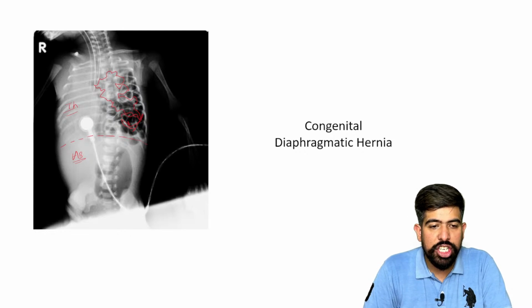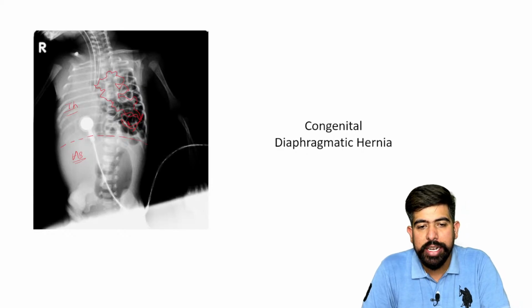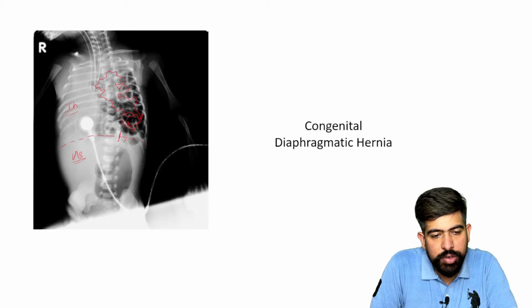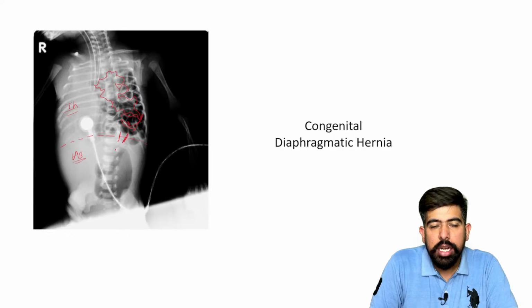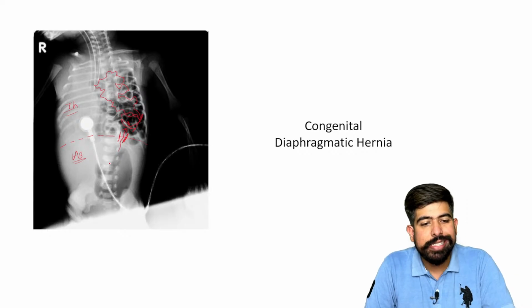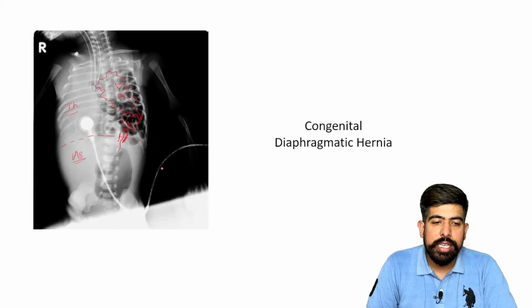Now, if congenitally, as this is a neonate, there is a diaphragmatic hernia, the diaphragm is herniated or weakened, and due to this your intestine can move into your thoracic cavity.